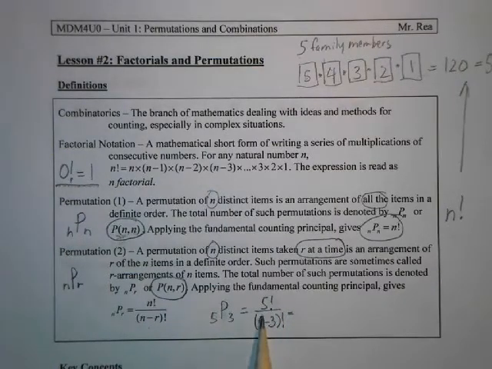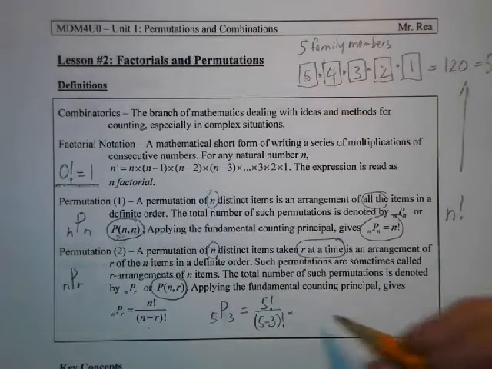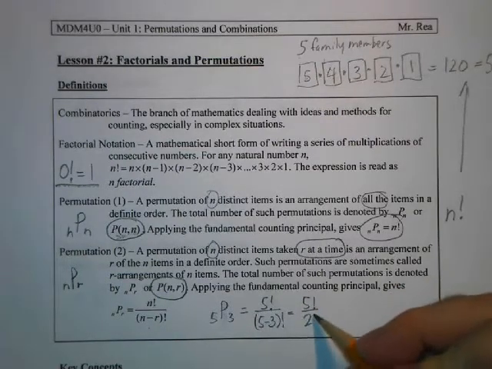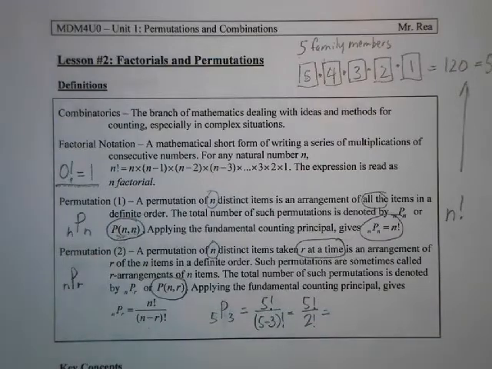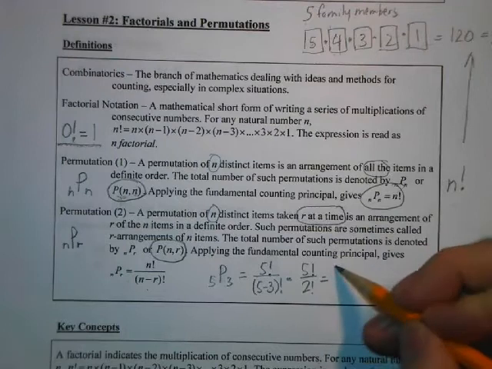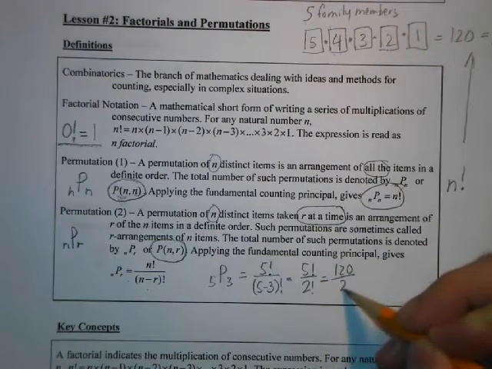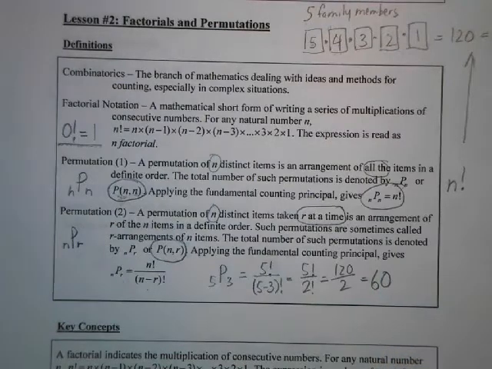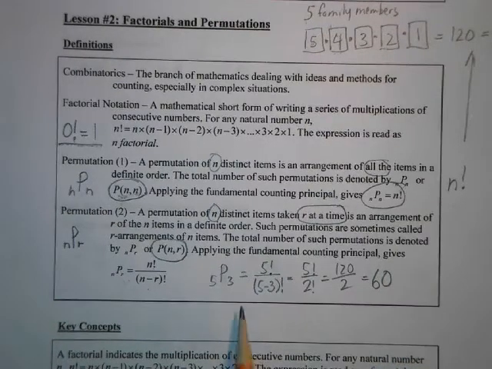Okay, so we do the calculation 5 minus 3, so it's 5 factorial over 2 factorial. If we do the math, 5 factorial is still the same, 120, and 2 factorial is 2. So our actual number of ways of choosing 3 of our 5 family members in a photo, we would have 60 ways of doing that. Okay.